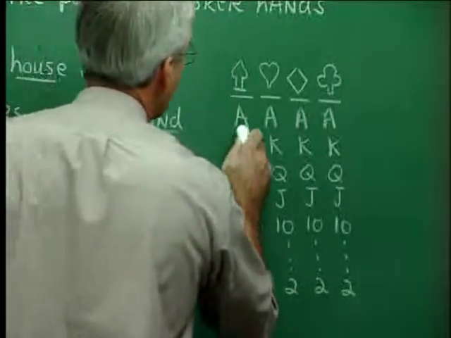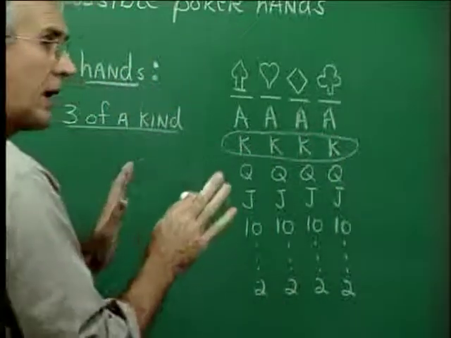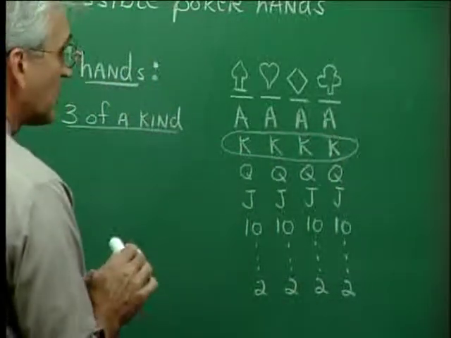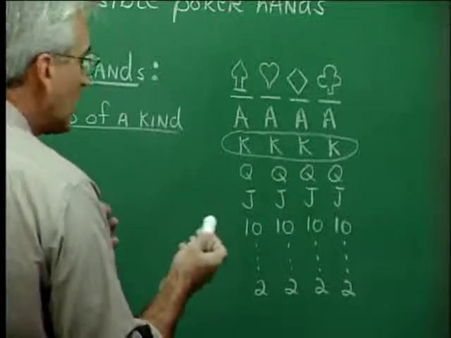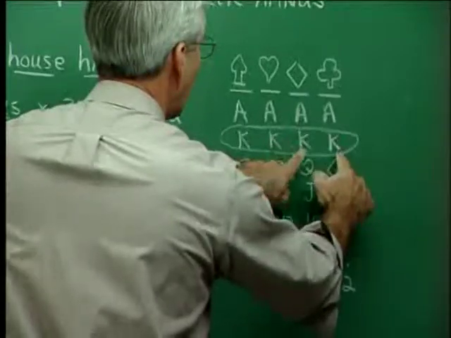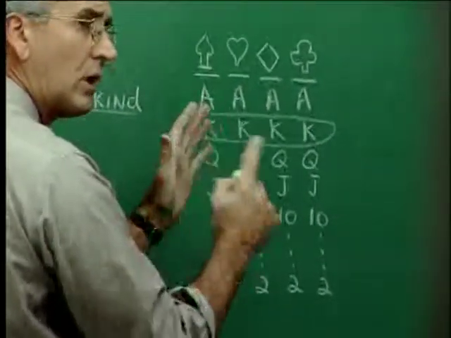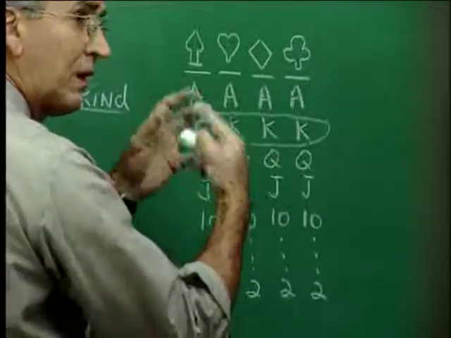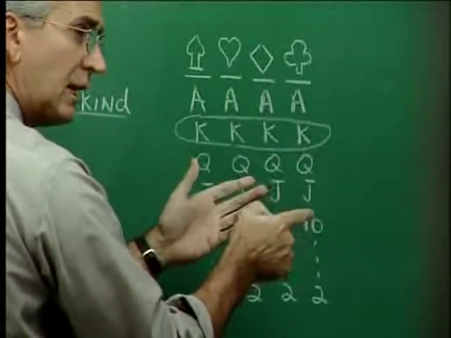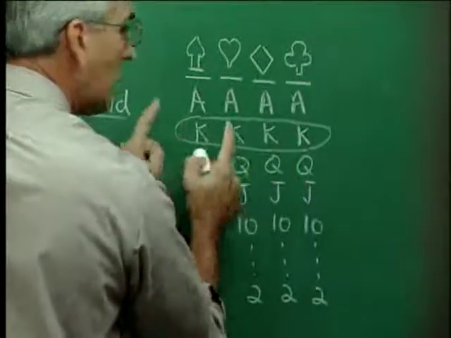Now consider just the kings. If we consider just the kings, then how many pairs are possible with just the kings? You see, we could have these 2, we could have those 2, we could have these 2. So it's the combination, and we're talking pairs here. We're talking a group of 2, so it's a combination idea. It's a combination of 4 things, but we want only 2 of them.